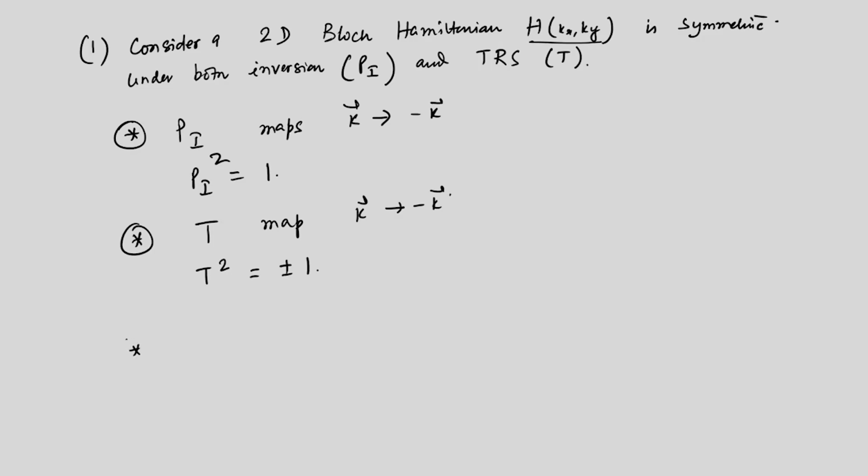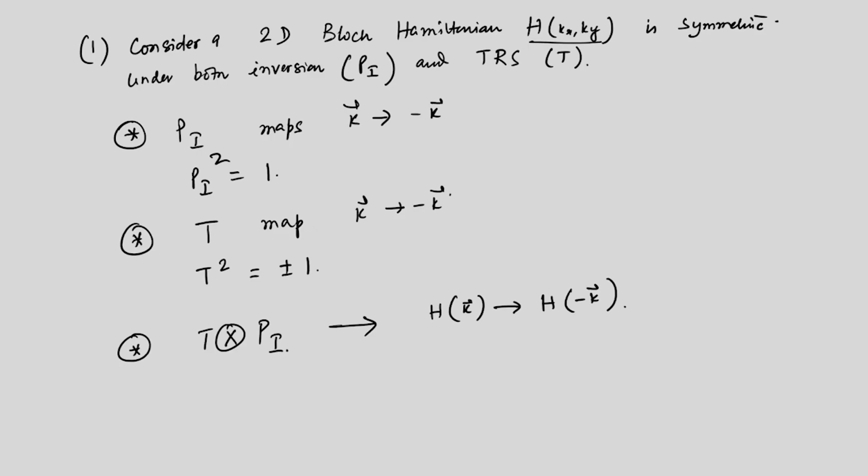So if a Hamiltonian has both T and Pi, then H of k remains as H of k. I mean, it will remain invariant under both the time reversal and the inversion operation.